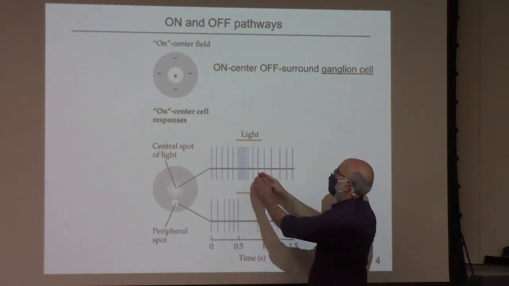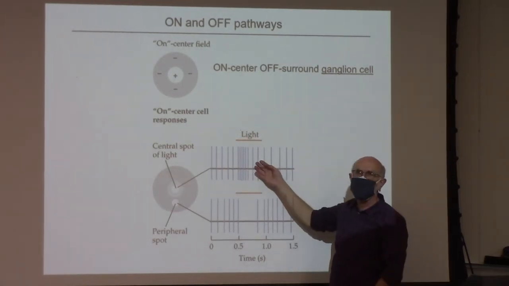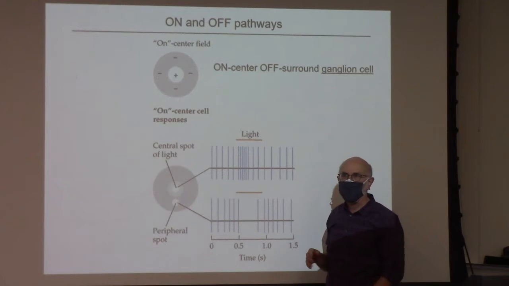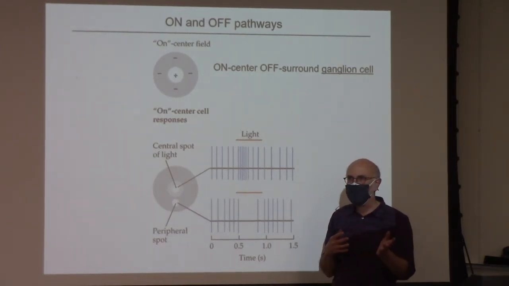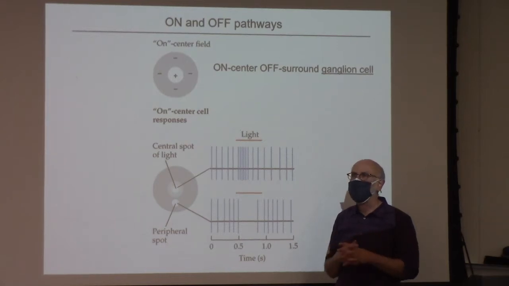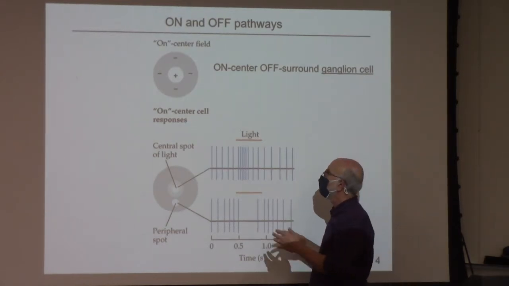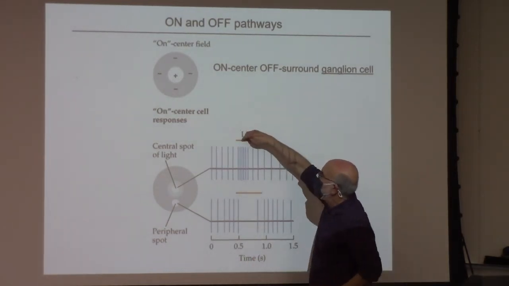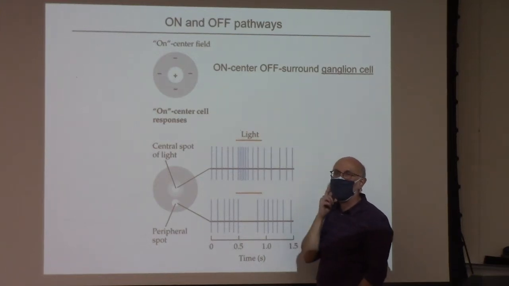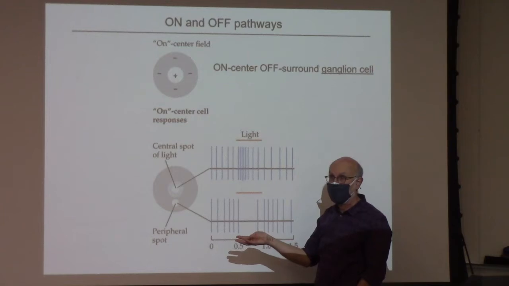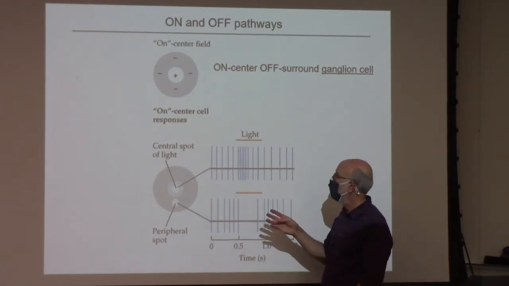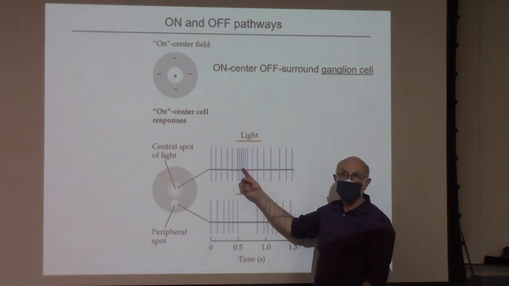On. Increase. So these blue bars are action potentials on a very compressed time scale. You understand them: voltage-gated sodium channels, voltage-gated potassium channels, etc. When light shines on the photoreceptor cells that are connected to these ganglion cells indirectly, the frequency of action potentials of these ganglion cells' axons goes up.